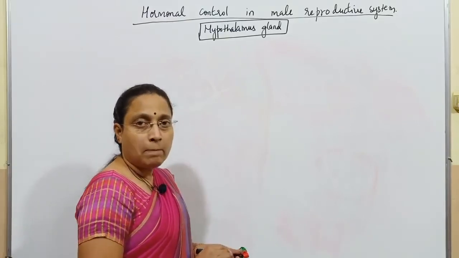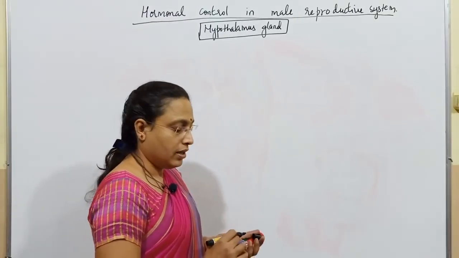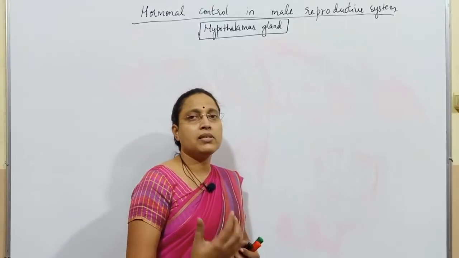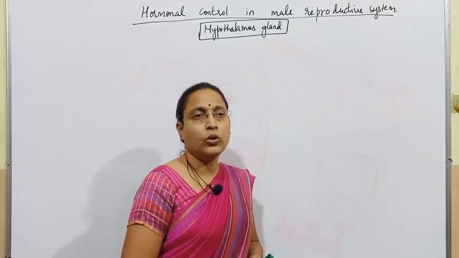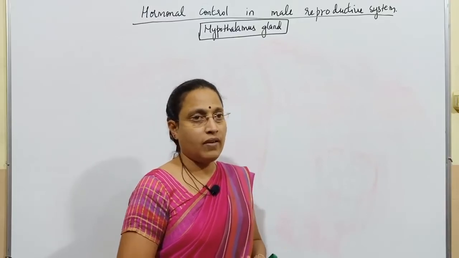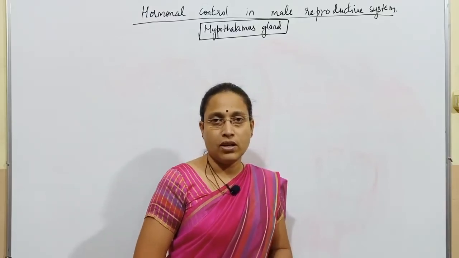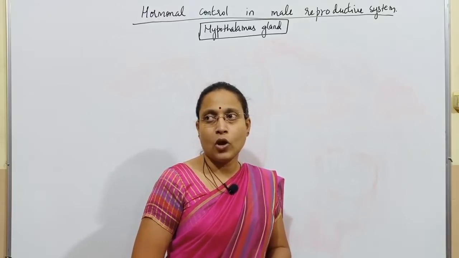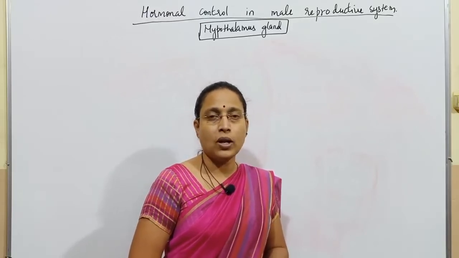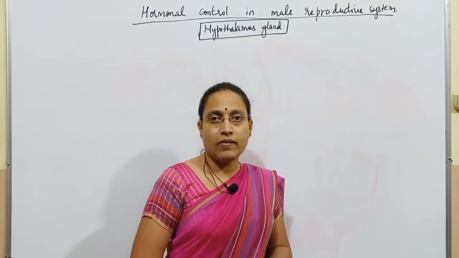Now when a male attains puberty, the hypothalamus starts secreting the hormone through its regions called nuclei, which you have already studied in first year, like preoptic, arcuate and so on. Those nuclei will start secreting the hormones.